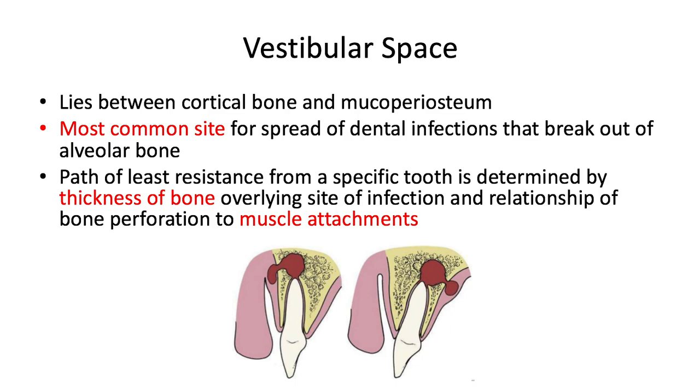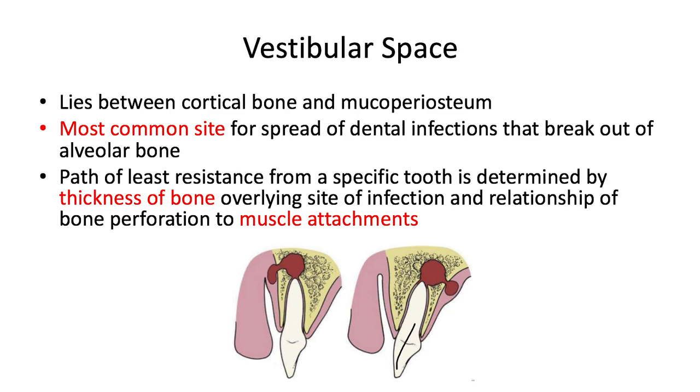So, if a tooth, for example, this one on the left, is very upright and its root apex is located closer to the buccal cortical plate, there's a good chance that infection isn't going to want to go through all of this bone, but rather take the easier way out and travel through that thinner cortex. And so this is an example of a vestibular space infection on the facial side.